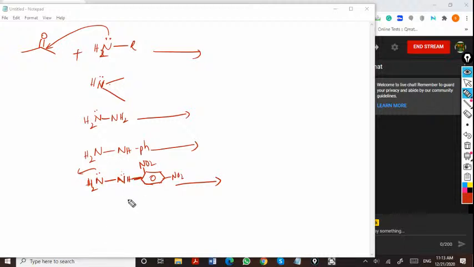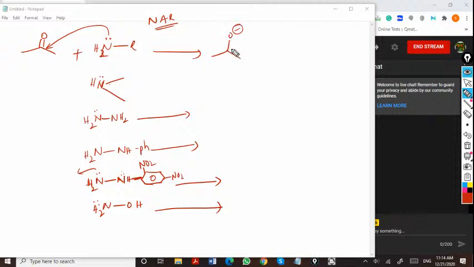Even you can use hydroxylamine, which will give the answer. So these are the nitrogen-based nucleophiles which will give nucleophilic addition reactions. Okay, let's try to write the product. So this is going to attack. What happens?